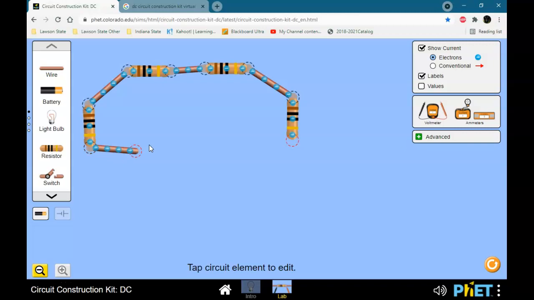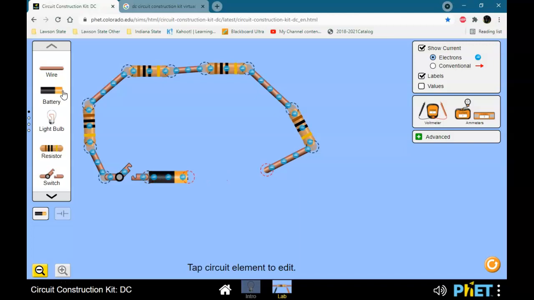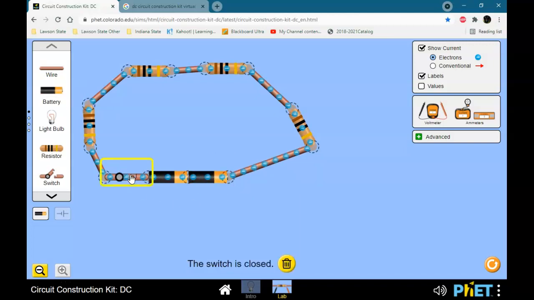So let me put in the switch, wire, and we'll put in a couple of voltage sources in a series aiding pattern. All right, so this is a series circuit.